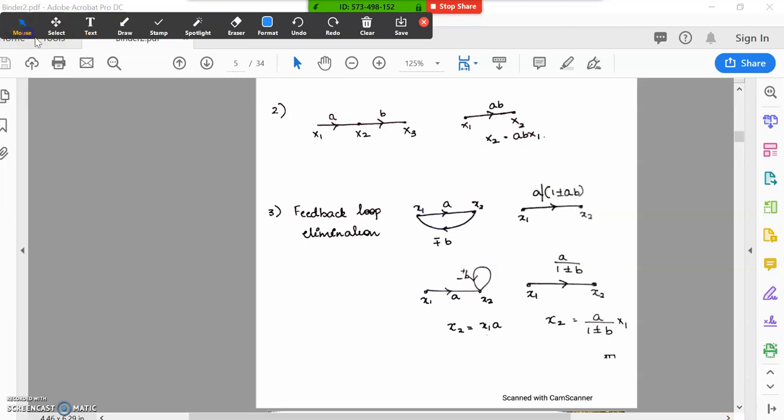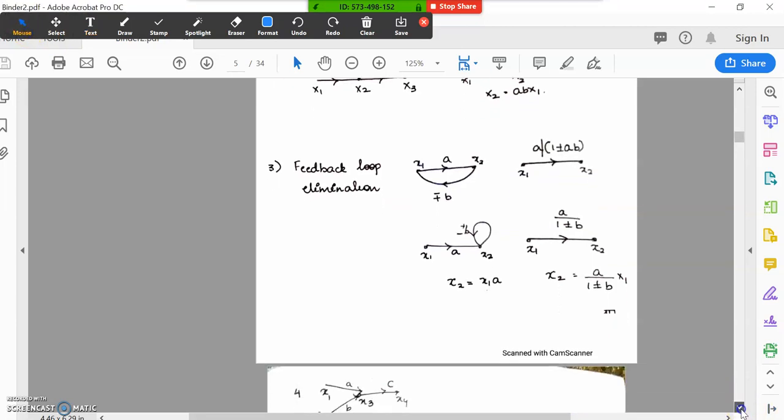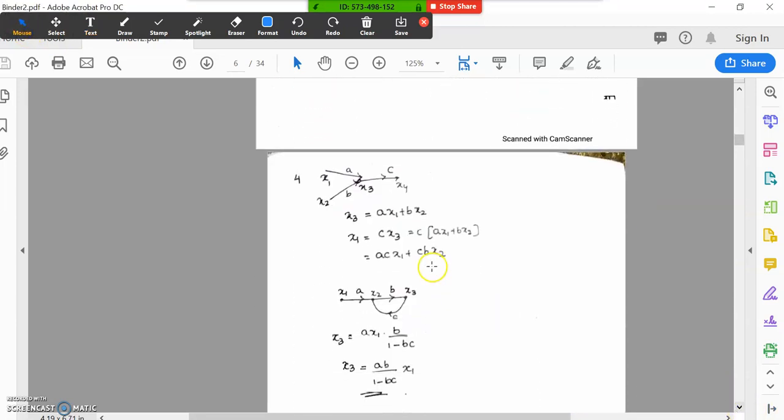Next, coming to the next one, what is x4? As we have seen in the previous one, x3 will be x1 into a, and x3 is also equal to x2 into b. Again there is a signal going from x3 to x4, and it is multiplied by c.